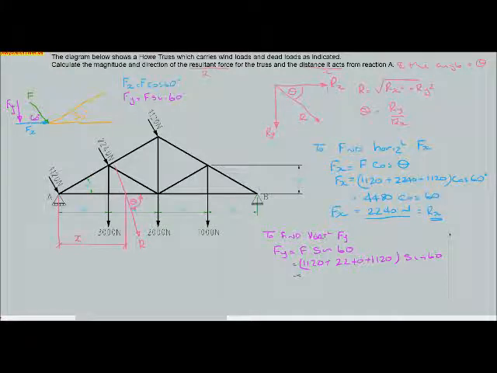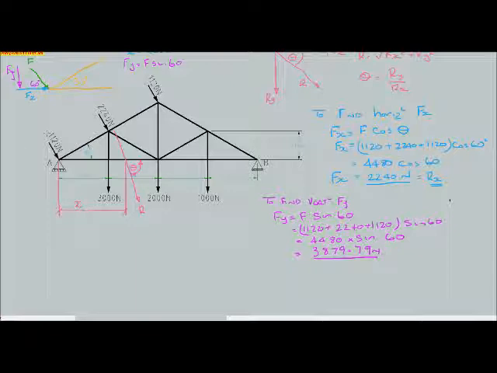So that's going to equal 4480 times the sine of 60, which is going to give me 3887.979 newtons.